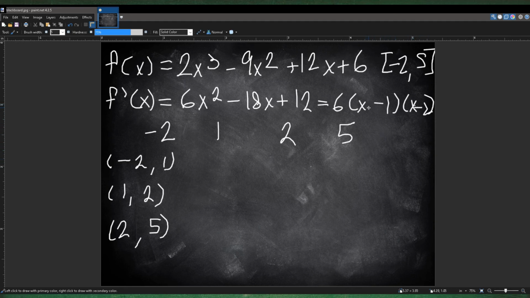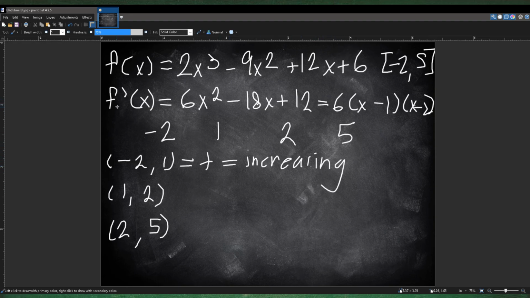We get -1 and -2. -1 times -2 is 2, and 2 times 6 is 12. 12 is positive, so the first interval is positive.